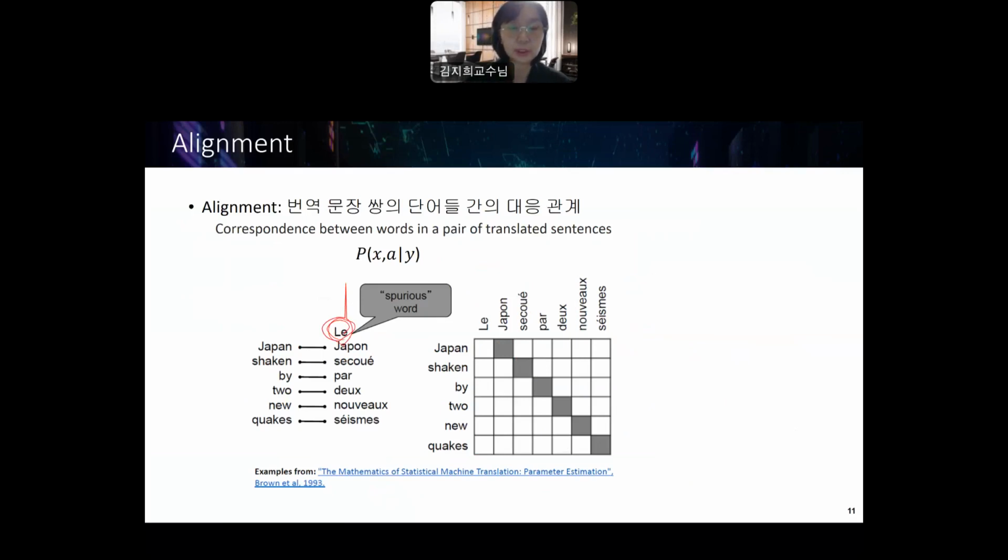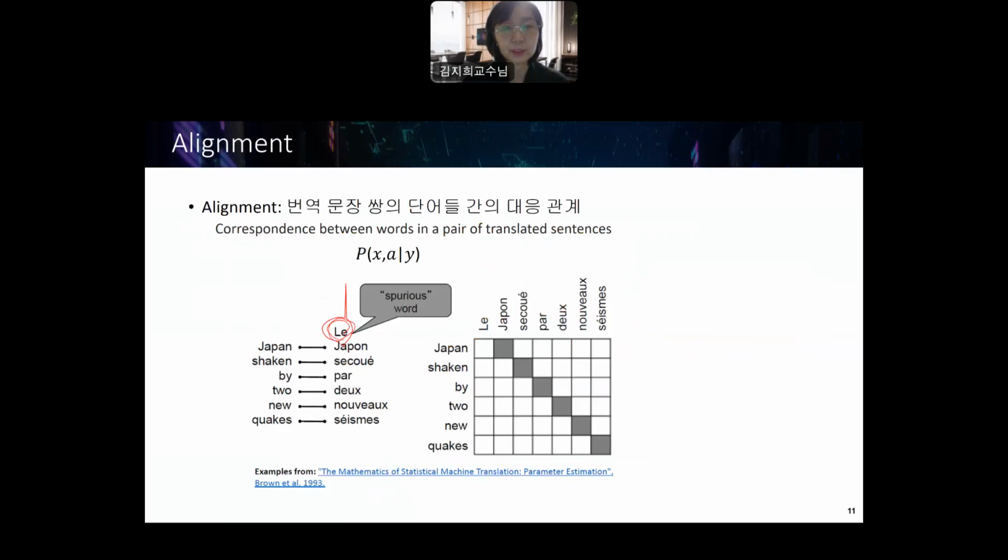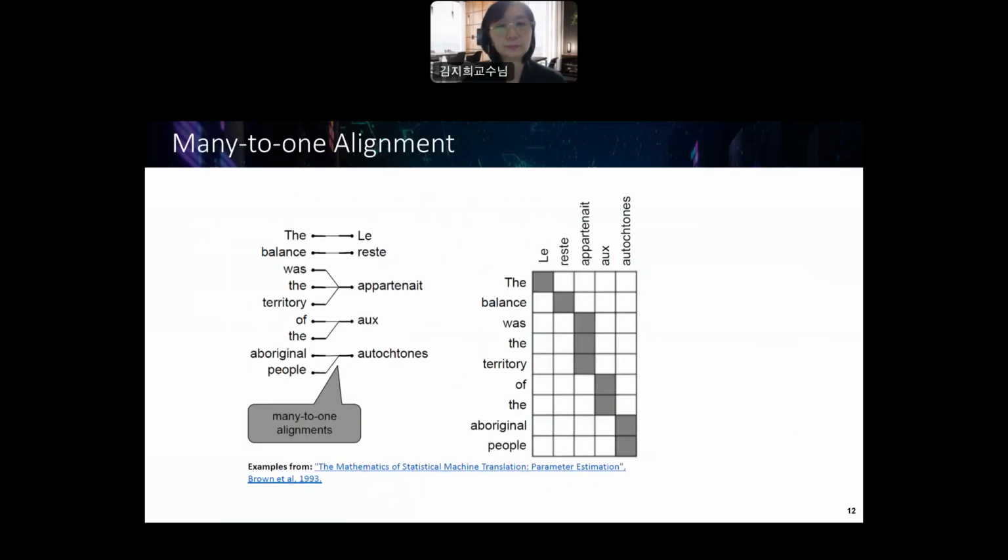But in this case, it will be mostly one-to-one mapping, but in some cases, it could be one-to-n mapping or n-to-one mapping, like in this case, or it could be n-to-m, like arbitrary clusters of words mapped to arbitrary clusters of words in the other language. Here's a many-to-one, for instance. There are three different English words mapped to one French word.